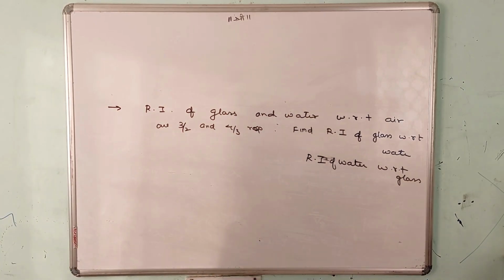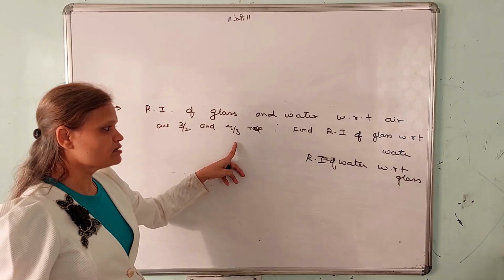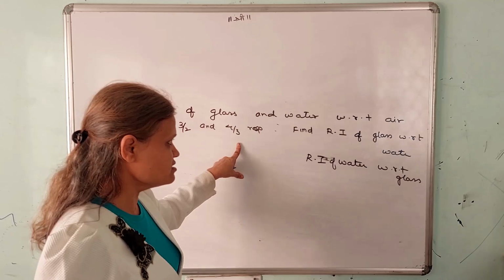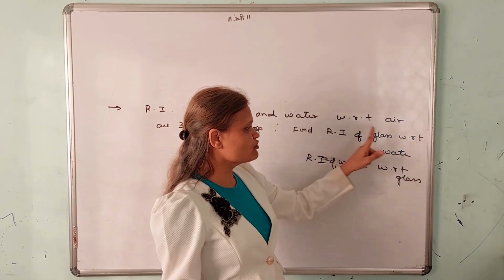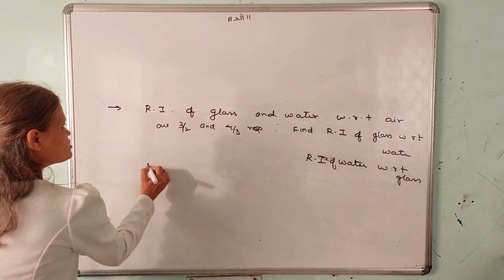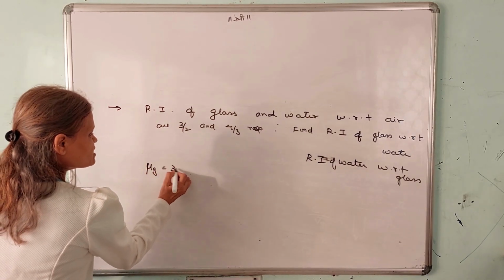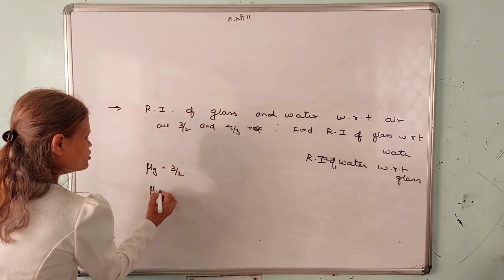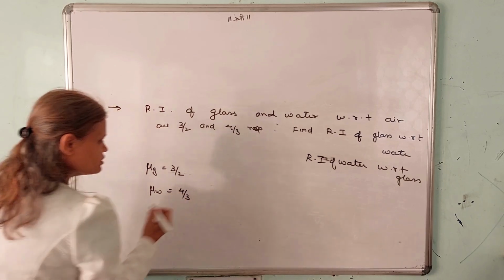So they have given the refractive index of glass with respect to air and of water with respect to air, that is the absolute refractive indices, and they have asked for the refractive index of glass with respect to water and water with respect to glass. So I'll write mu G is given as 3 by 2. Mu W is given as 4 by 3.